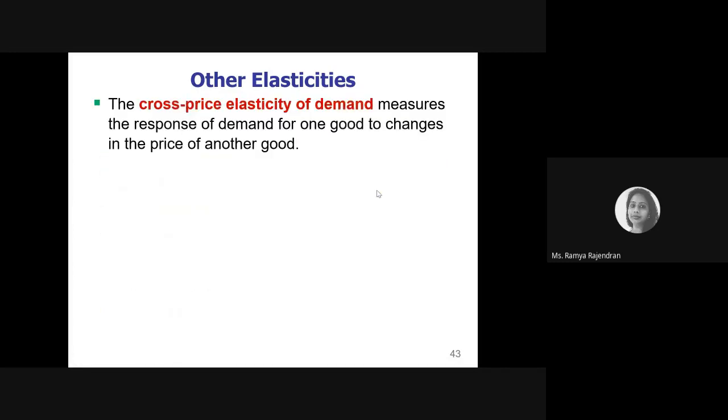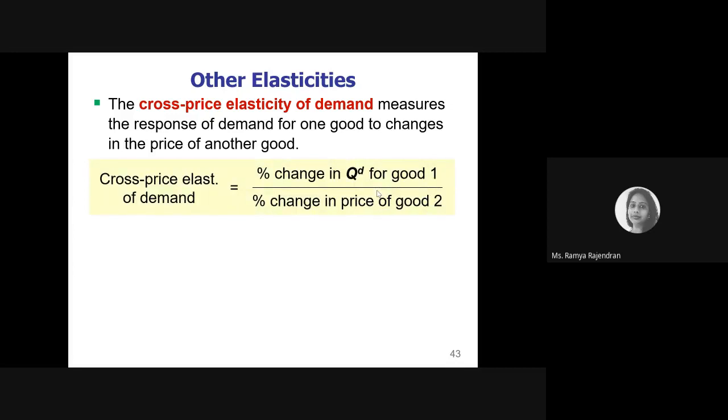Okay, the next one is the cross price elasticity of demand. If you have two products which are related to each other, whether complementary or substitutes, when there is a price change in one product, the quantity of the related product varies. For cross price elasticity of demand, a percentage change in the price of good two results in a percentage change in the quantity of good one.